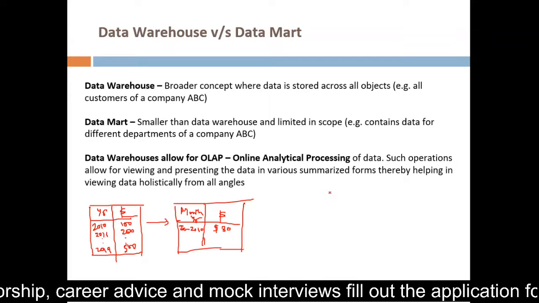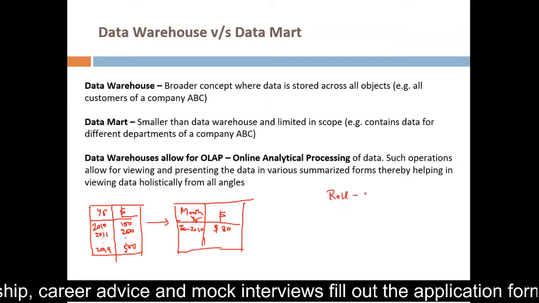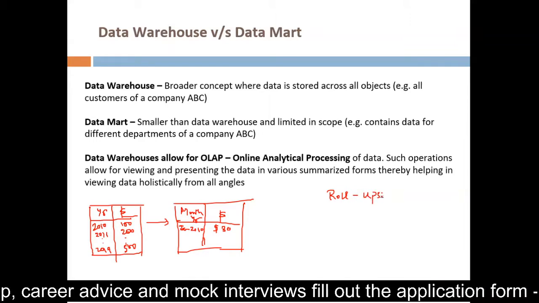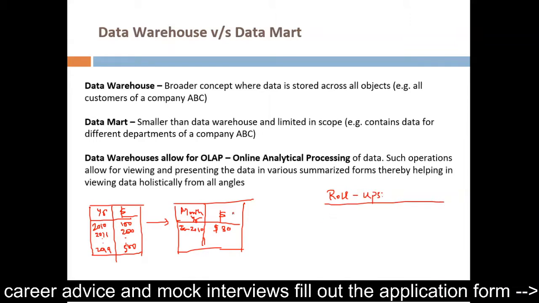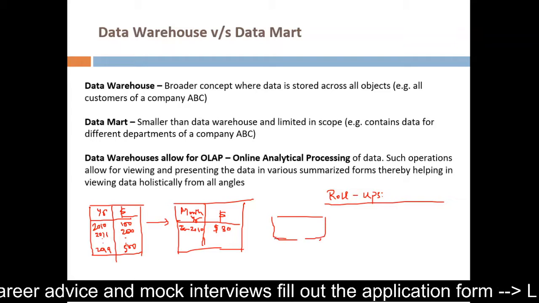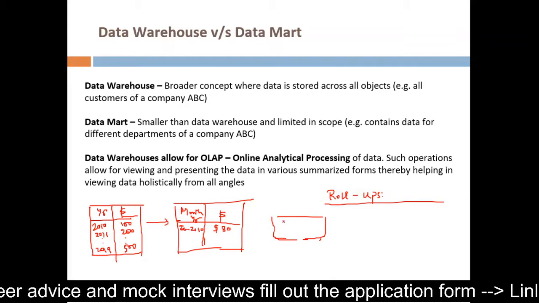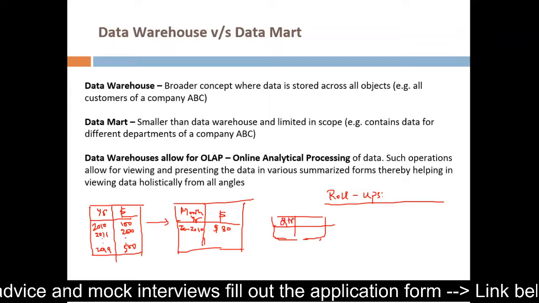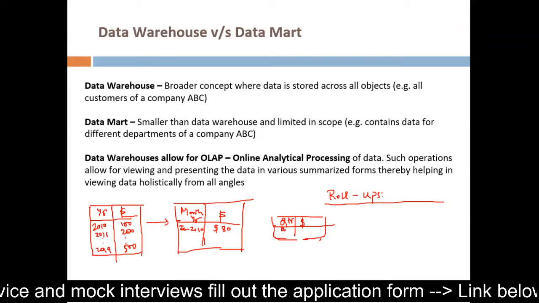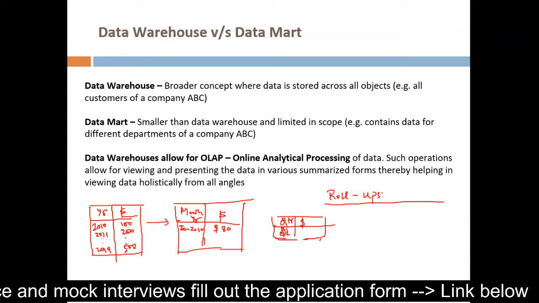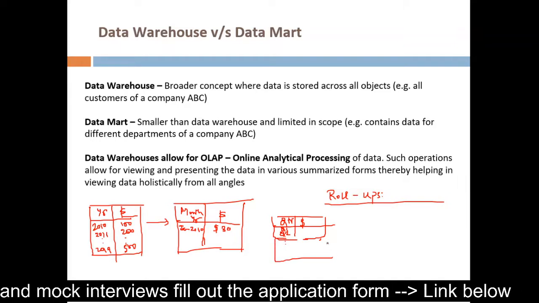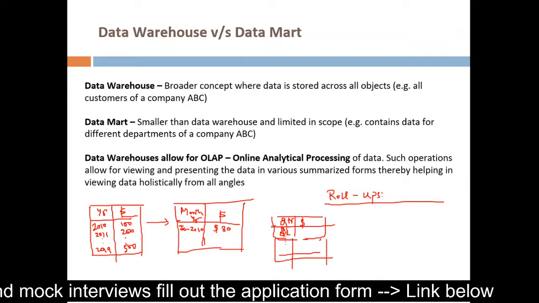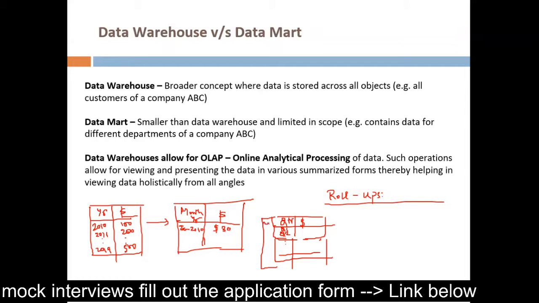Similarly, you can also do the opposite, which is what we call roll-ups, where you have the data at a more granular level, for example at a quarterly level, and you have dollar sales for quarter one, quarter two, similarly for the different quarters of different years, and you have a year column out here.